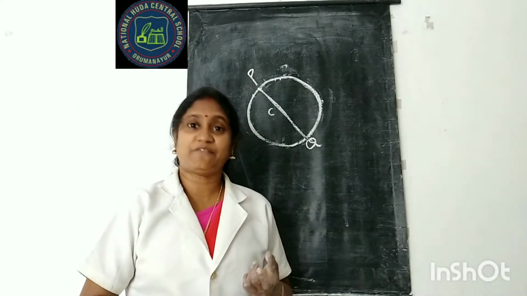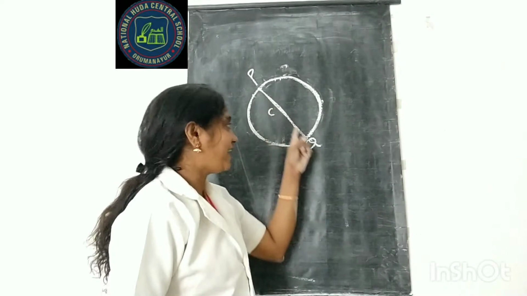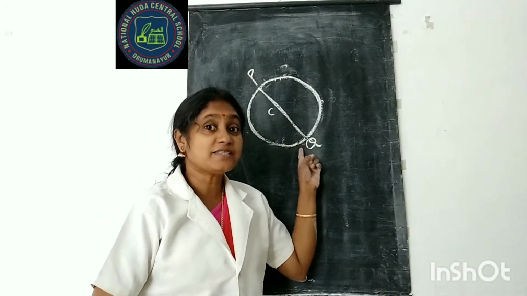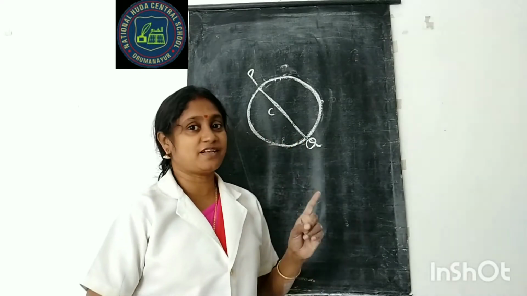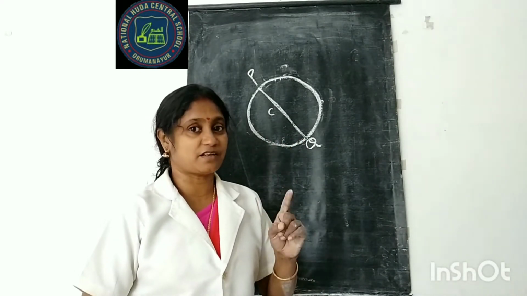So what will be the definition of a diameter? Diameter is a line segment passing through the center of the circle.